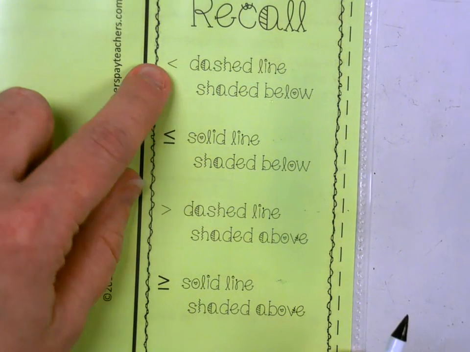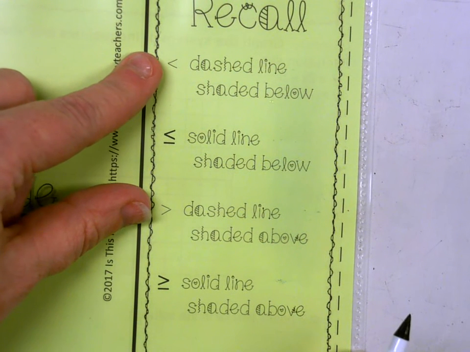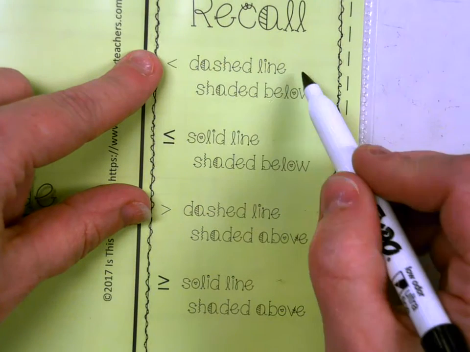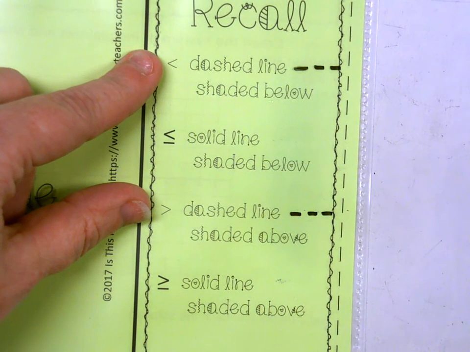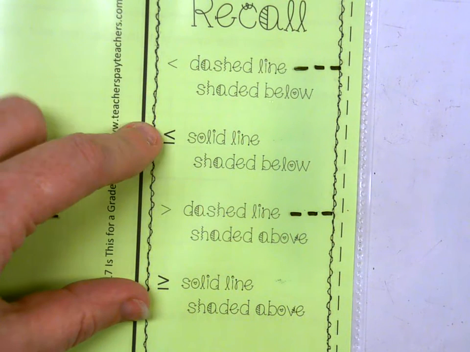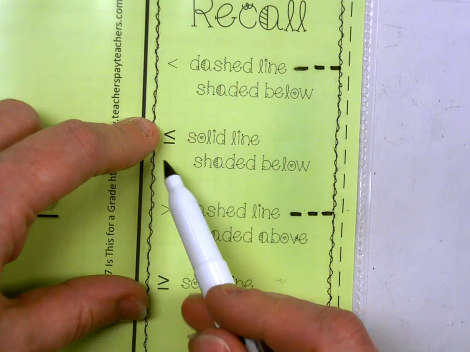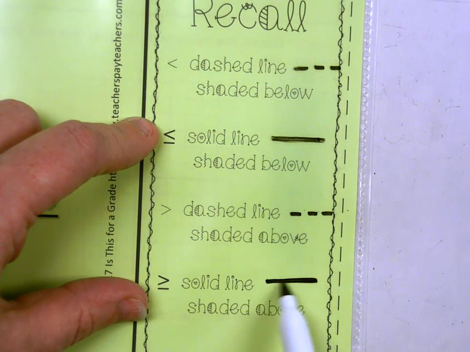The two symbols without the line underneath are dashed lines. So both of those are dashed lines. The ones with the line underneath, the or equal to, are solid lines.